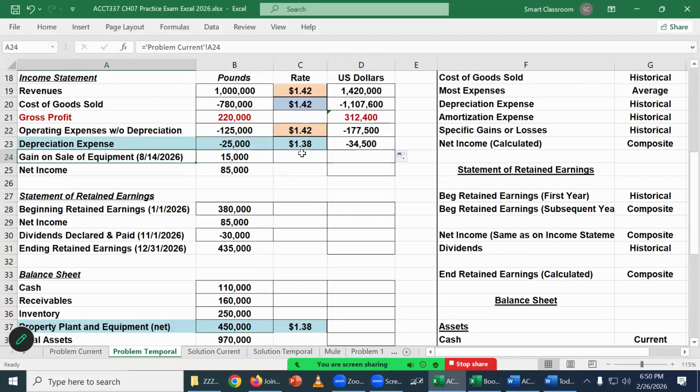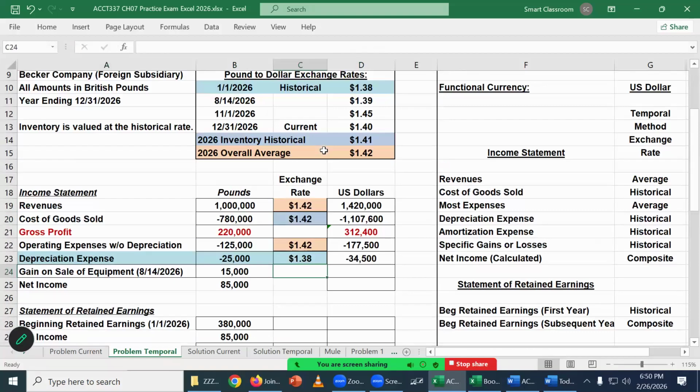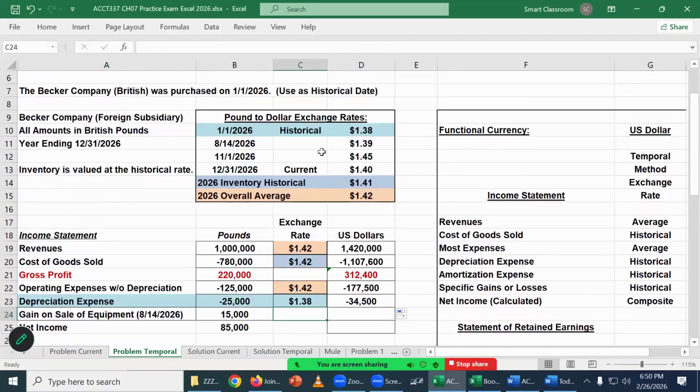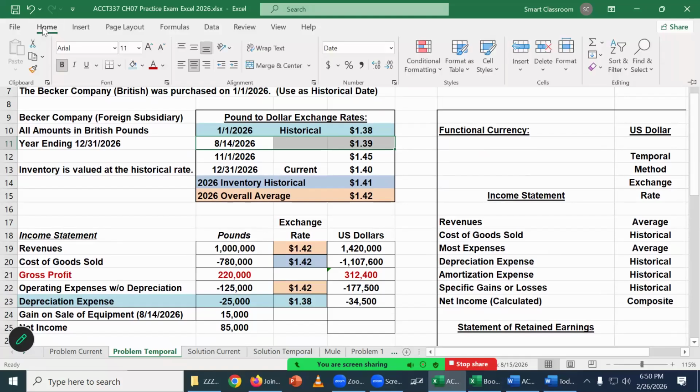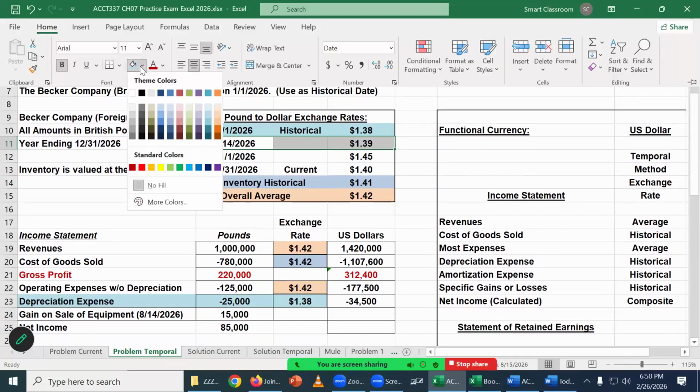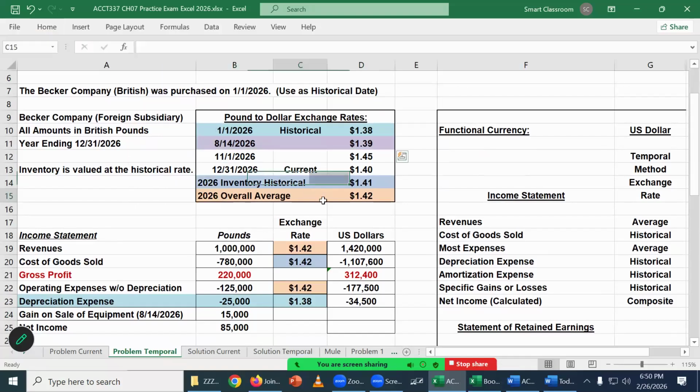Gain on sale equipment, this one's going to be exactly the same before. 14. That purple? Purple. Oh wait, I can't do that. I gotta do this.